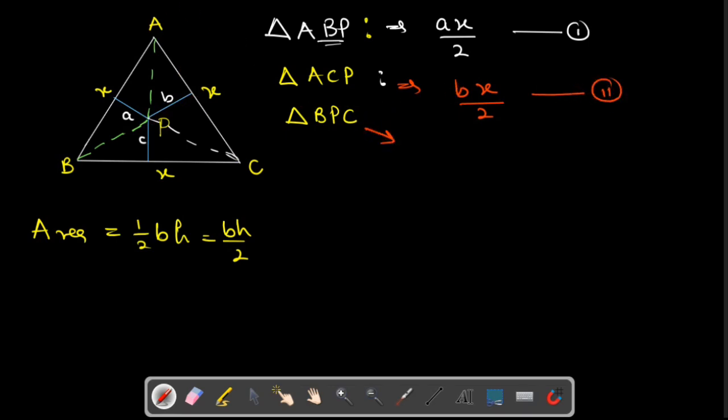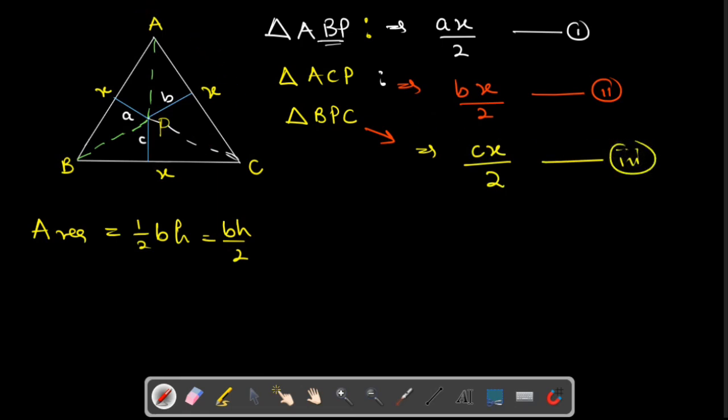For triangle BCP, the area will be the height c, multiplied by the base, which is also x, all over 2. Call this equation 3.